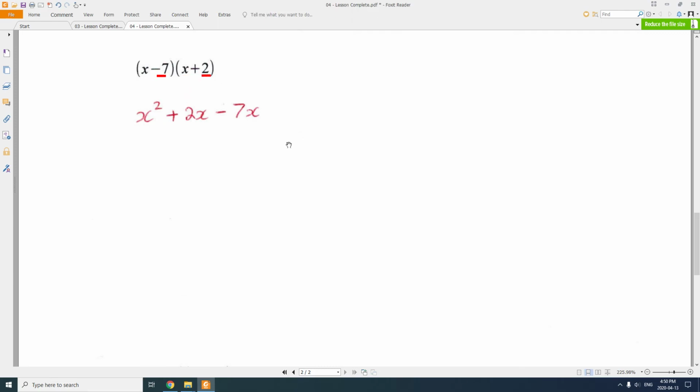And last, negative 7 times 2, negative 14. All right, I've finished FOIL. Now I join my like terms, plus 2x minus 7x. That should give me a negative 5x. And I'm done. I'm not allowed to join any of these together because they're not like terms, right? This has an x squared, this has an x, this is just a number. So at that point, I'm done.